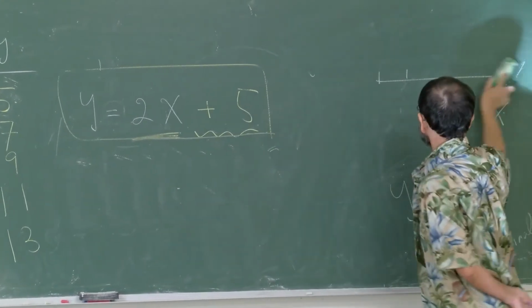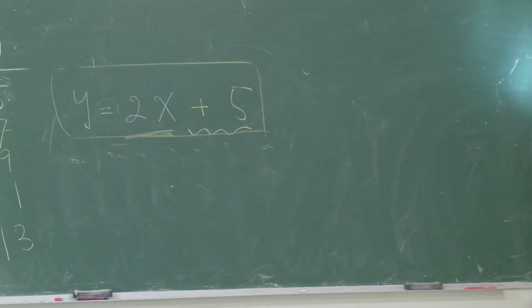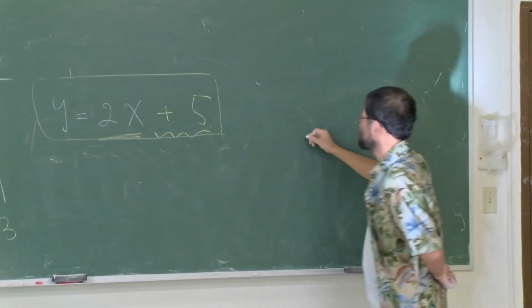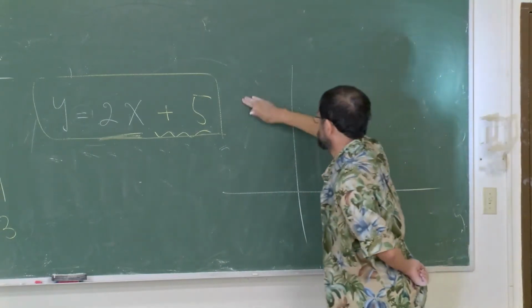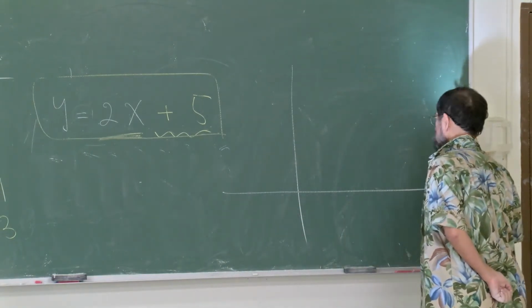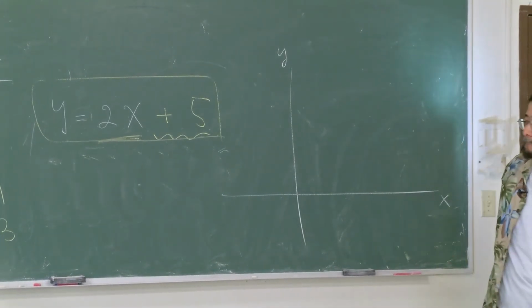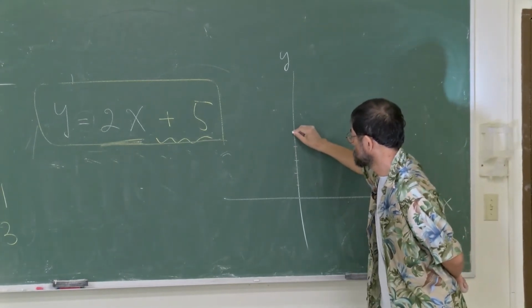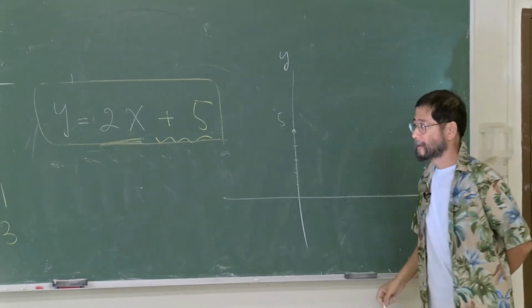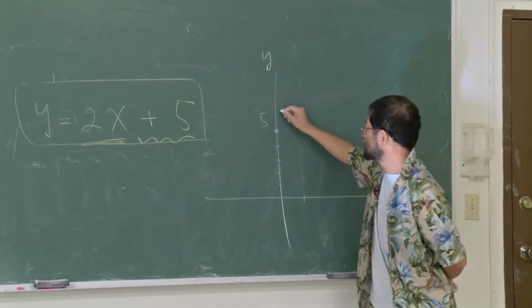Now let's look at the graph of this function. So the first one, the x is 0 and y is 5. So which is this point. Then x is 1, y is 7.